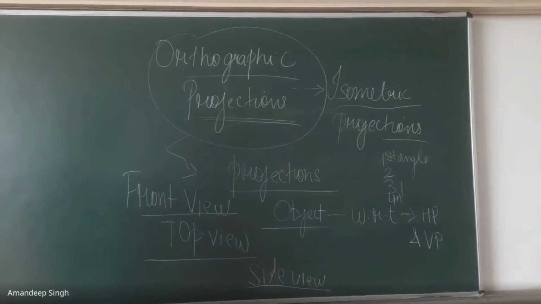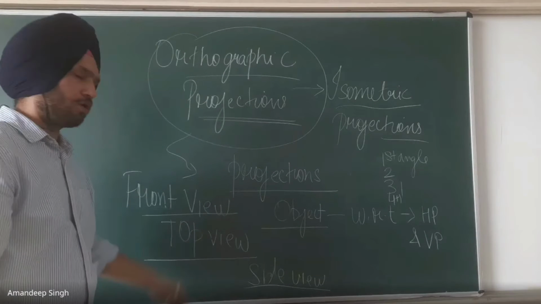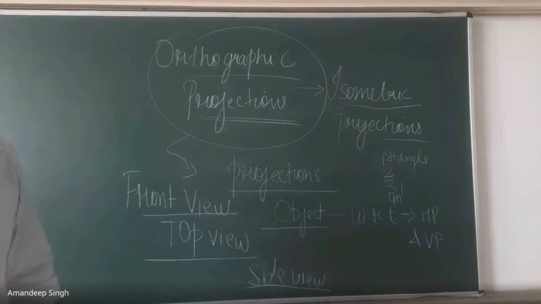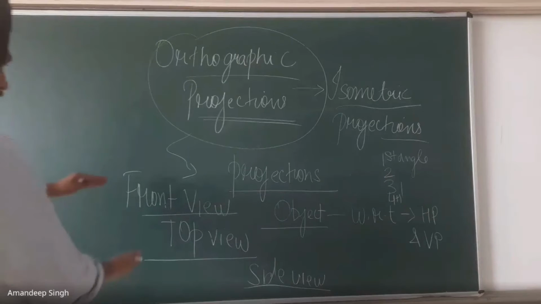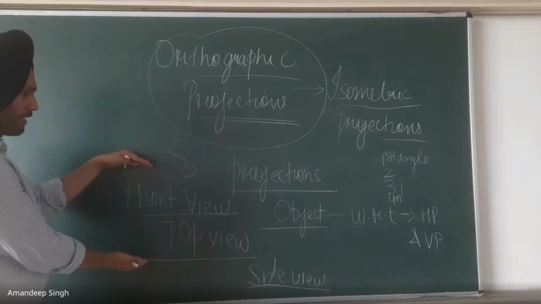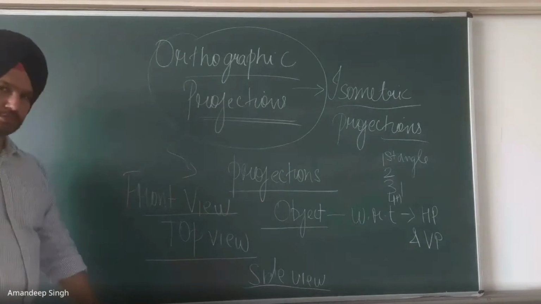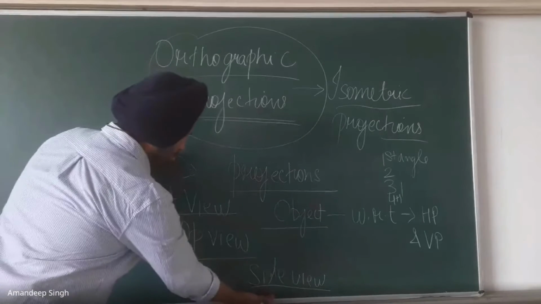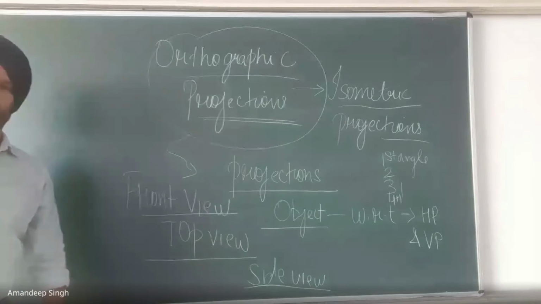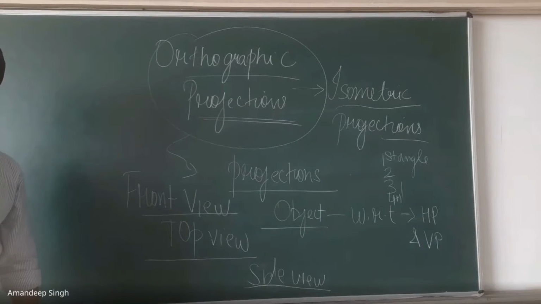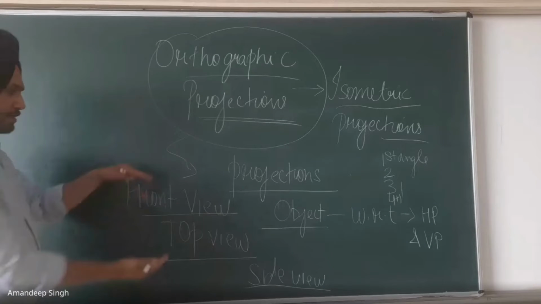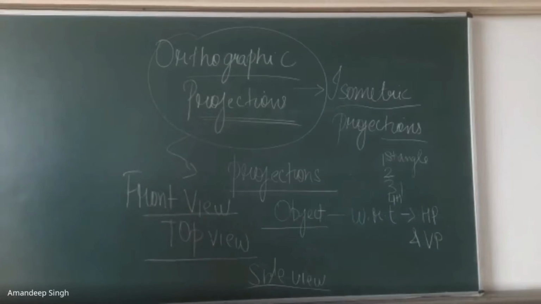All three together are orthographic projections, two together are orthographic projections, one projection is also an orthographic projection. If there are two views of the object, they are called orthographic projections. If there are three views, these are also called orthographic projections. If there is one view, that is the front view of the object, it is also called an orthographic projection.